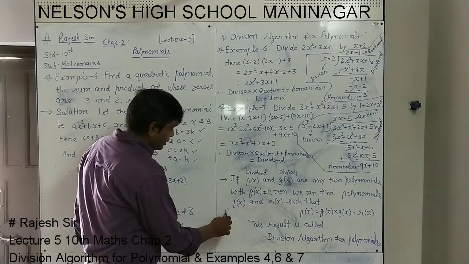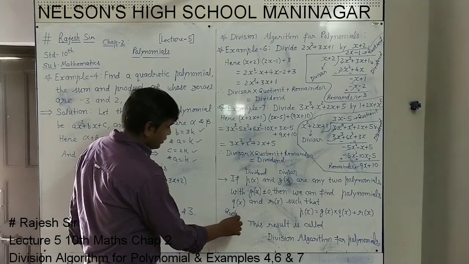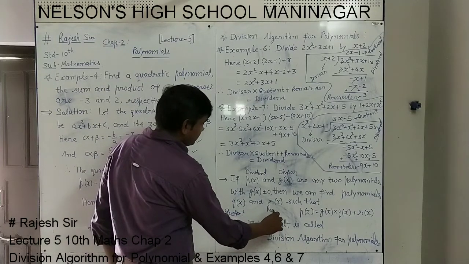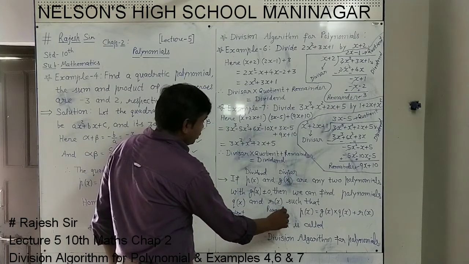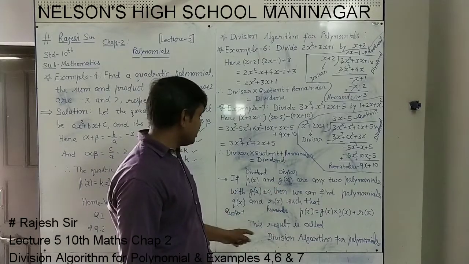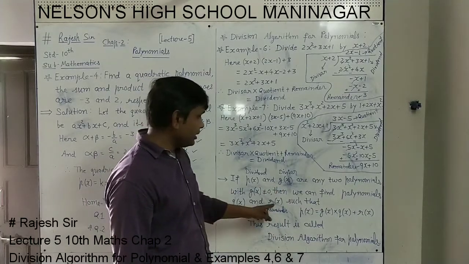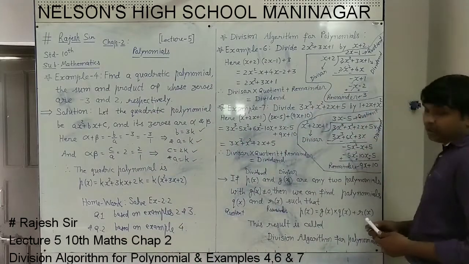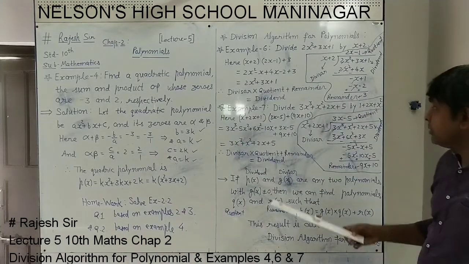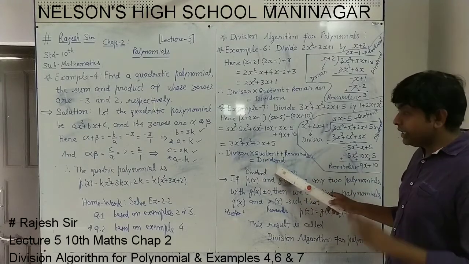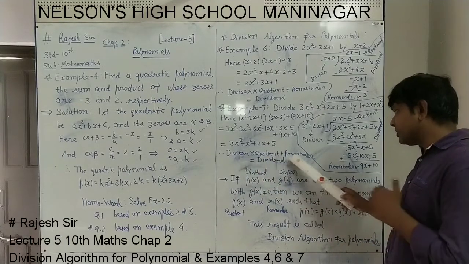Qx means you will get the quotient and rx means you will get the remainder. These two more polynomials you will get by dividing px by gx, such that, as we have seen, divisor into quotient plus remainder is equal to dividend. So dividend equals divisor into quotient plus remainder.